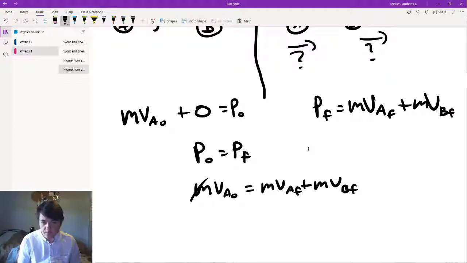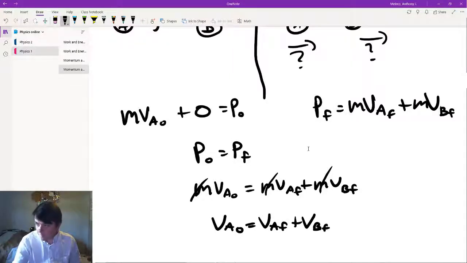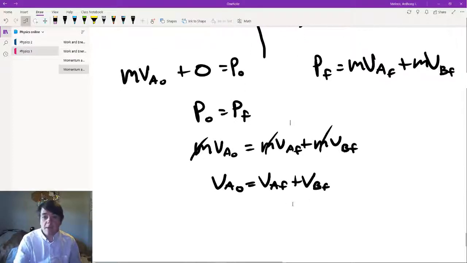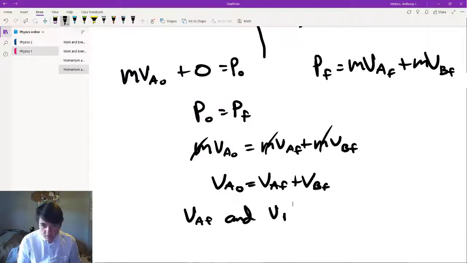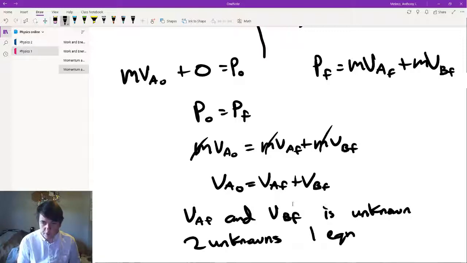We can cancel all the m's. Now we have this going on, but we have two unknowns: VAF is unknown, and VBF is unknown. Two unknowns, one equation.